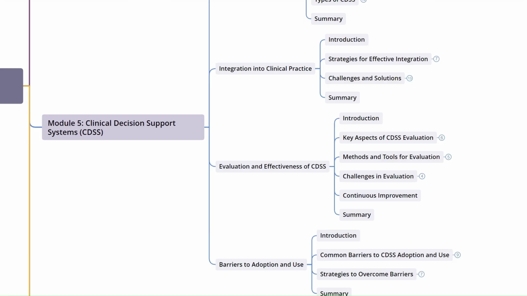Their diversity allows adoption to multiple clinical contexts, and integration into workflows ensures usability and acceptance. Ongoing evaluation guarantees sustained benefits, and addressing barriers is vital for widespread adoption. Mastery of these topics is essential for anyone involved in modern healthcare, as CDSS are shaping the future towards a smarter, safer, and more patient centered care.